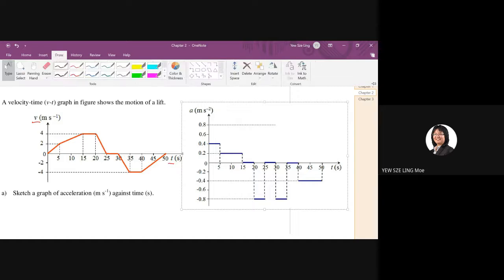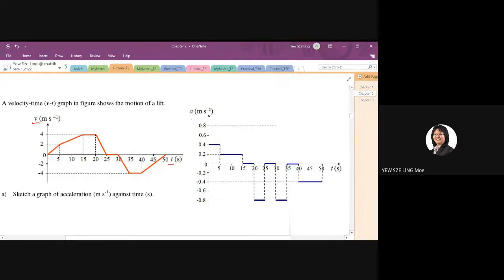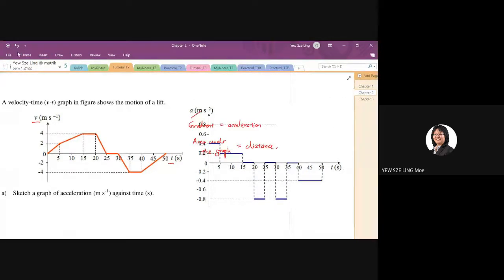So make sure you have the correct label. Now make sure you have a correct label, A in meters per second squared, and then you have T in seconds along the x-axis.